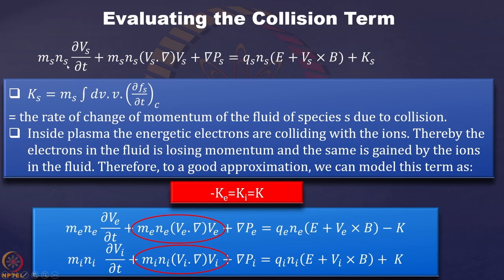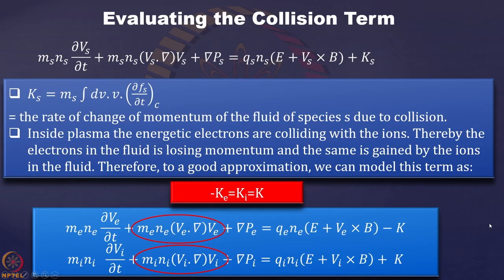me ne for species electrons, del Ve by del t here, and then me ne Ve dot del Ve plus grad of Pe, that is equal to qe ne into E, then E is coming over here, then Ve cross B, and then we are getting minus K for the electrons.